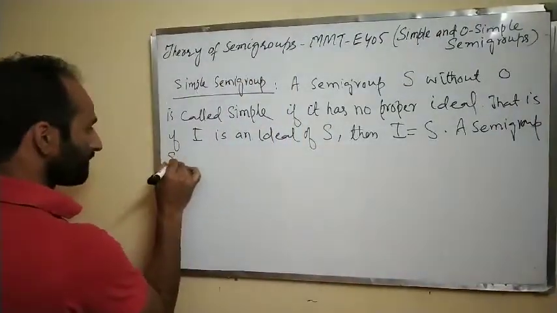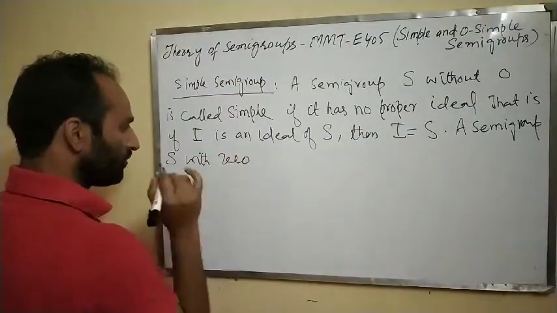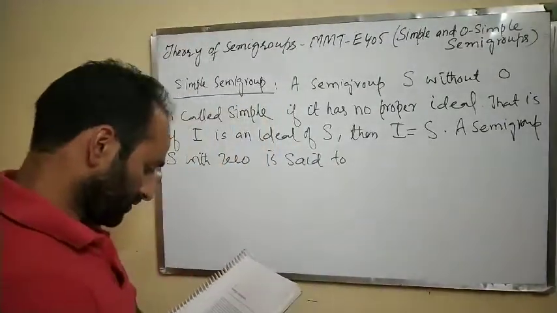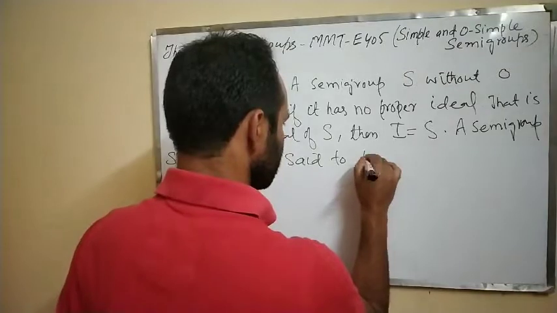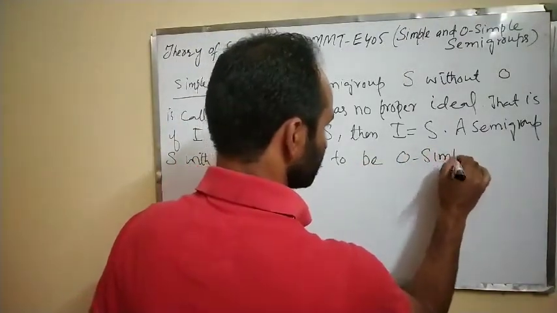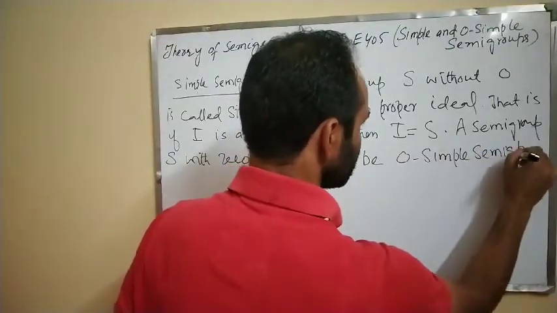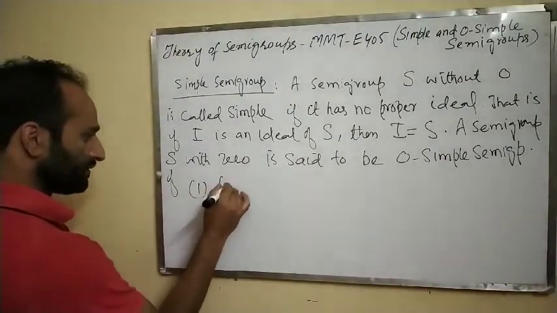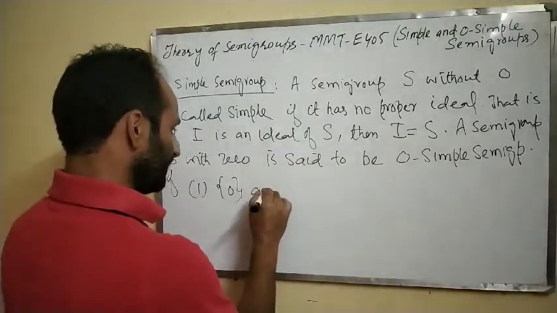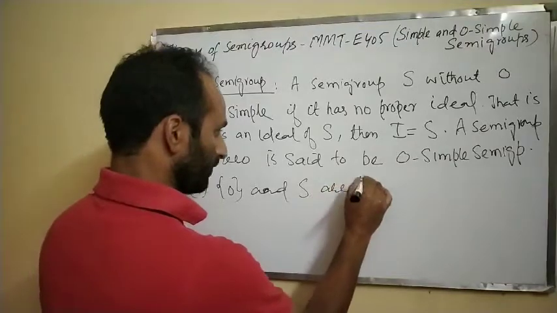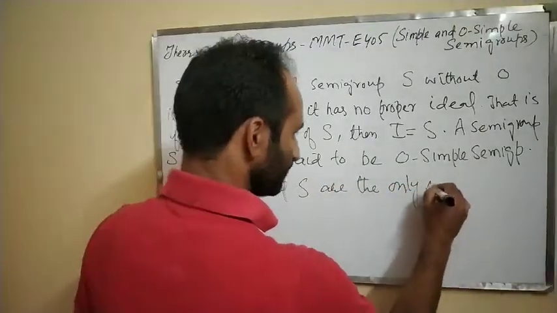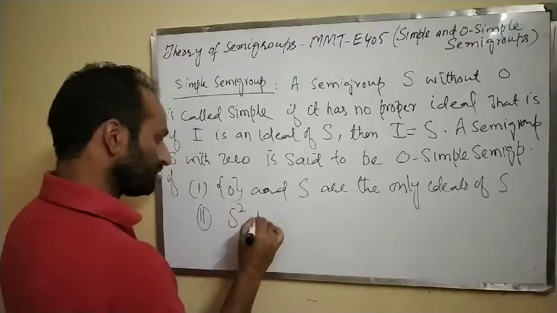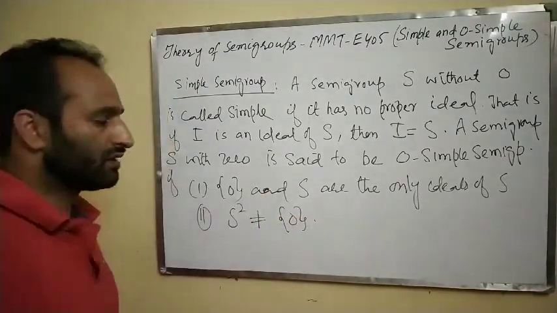A semigroup S with zero is said to be, or is called, a zero simple semigroup if, first property, zero is an ideal of S, and zero and S are the only ideals of S, and second property, S square is not equal to zero.